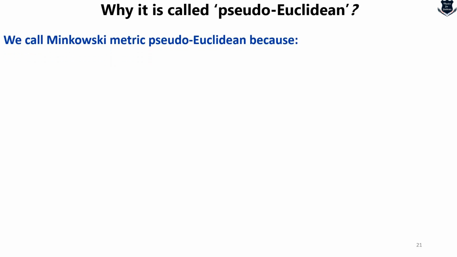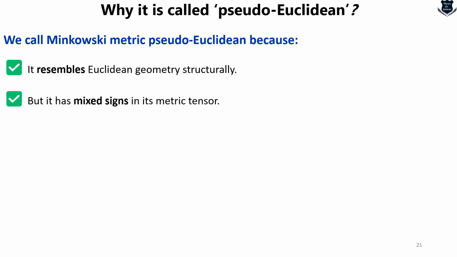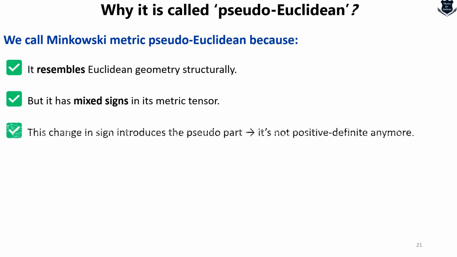And as you can see here, now we come to the real reason we call the Minkowski metric pseudo-Euclidean. Why? Because it resembles, as I told, it is false or almost like. It looks almost like Euclidean geometrically, structurally, but it has an exception: it has mixed signs. And this change in sign is the pseudo part. So it is not positive definite anymore. So the space is not positive definite.